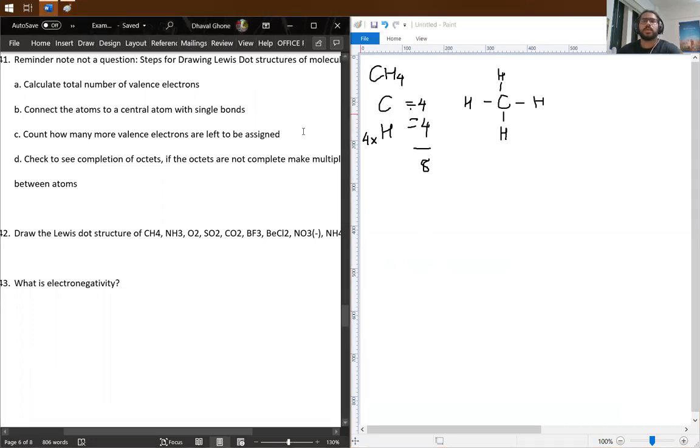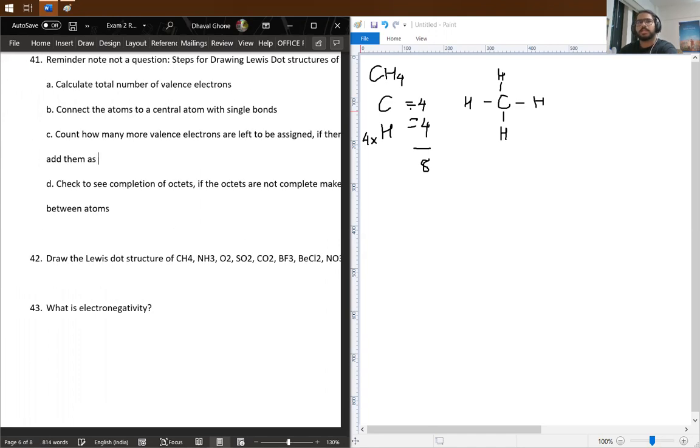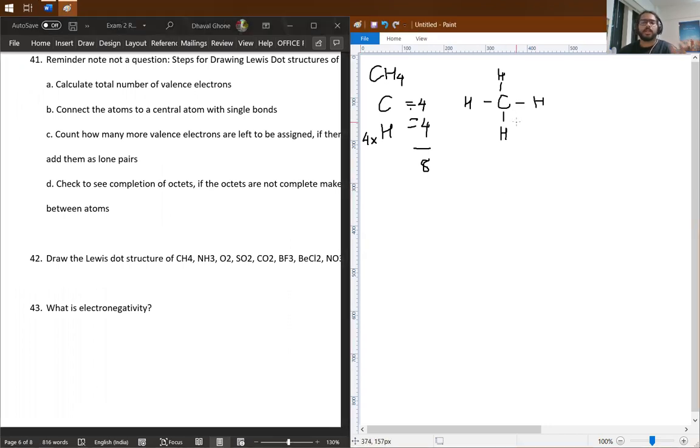I should add a quick note there saying if there are any remaining, add them as lone pairs. Every bond has 2 electrons inside it, and I have 4 bonds. 4 times 2 is 8. I have used all my electrons, so I have none left, and that's my configuration.